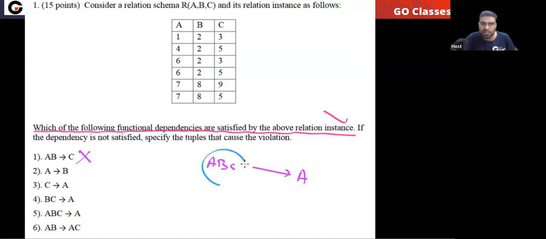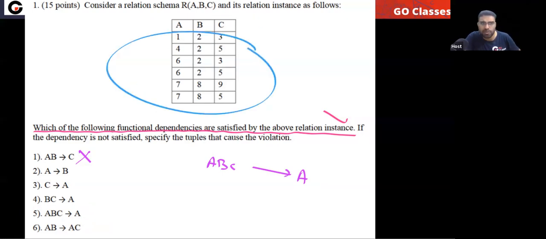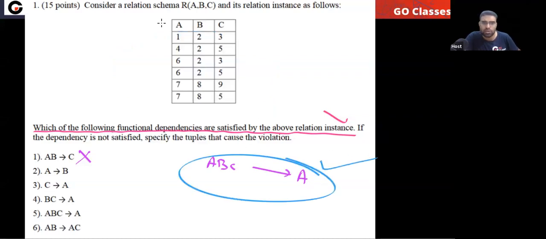All the tuples will be different; no two tuples can be entirely the same. So very simple, this will hold.